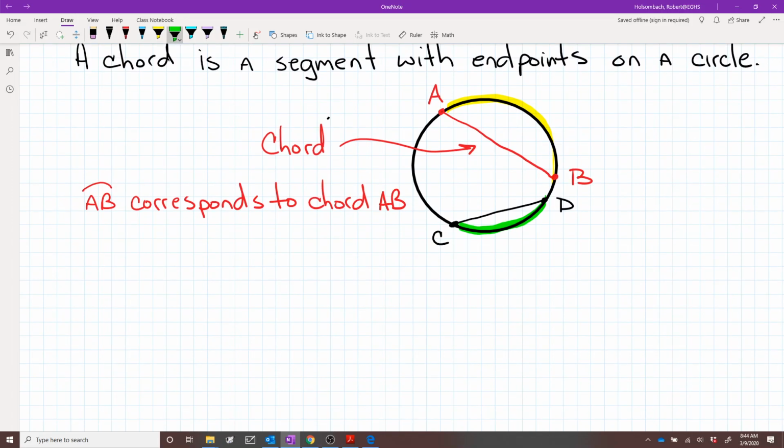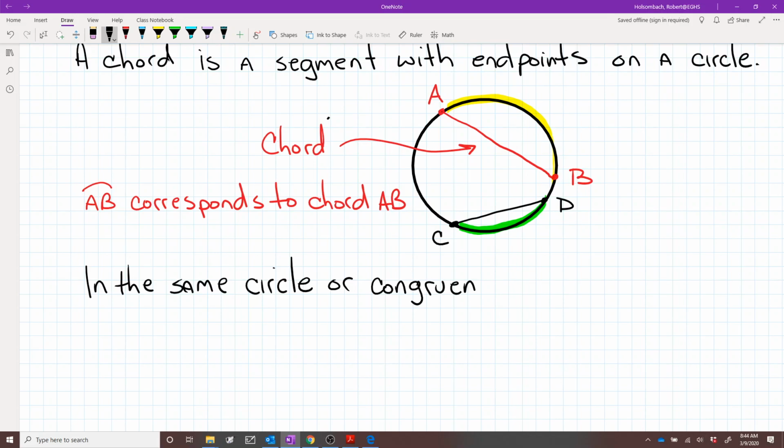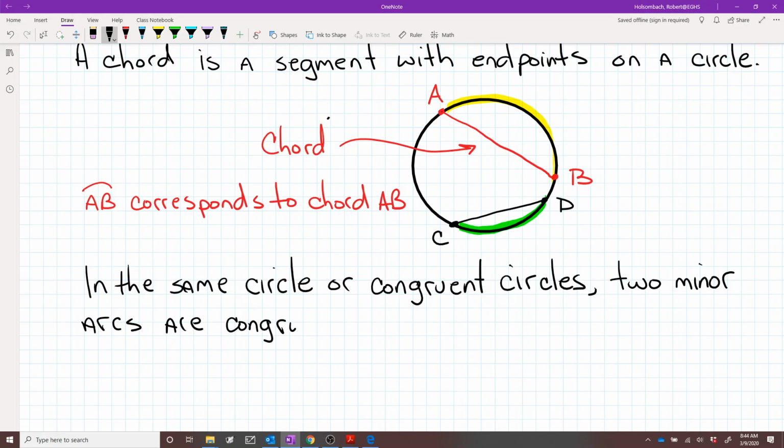So there's a theorem on that page, on page 715, that says, in the same circle or congruent circles, two minor arcs are congruent if their corresponding chords are congruent.